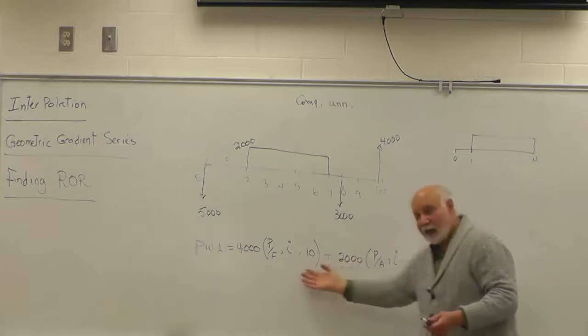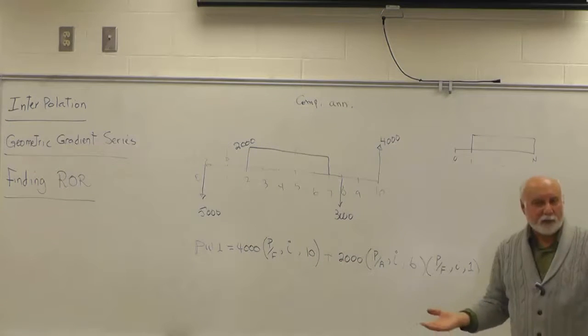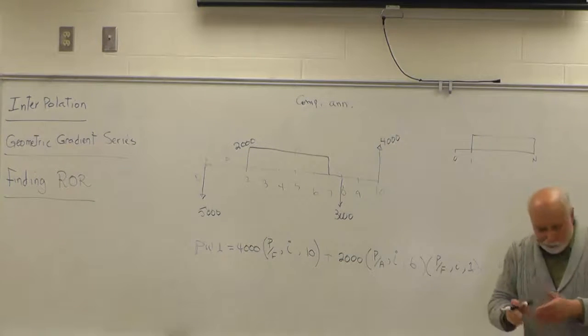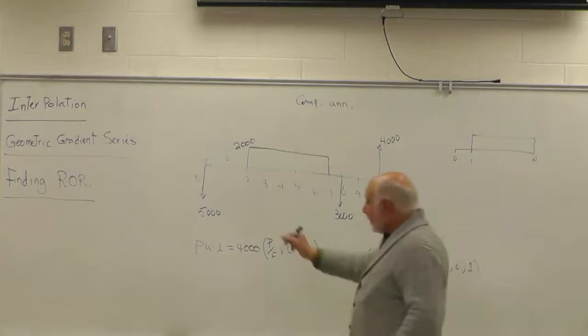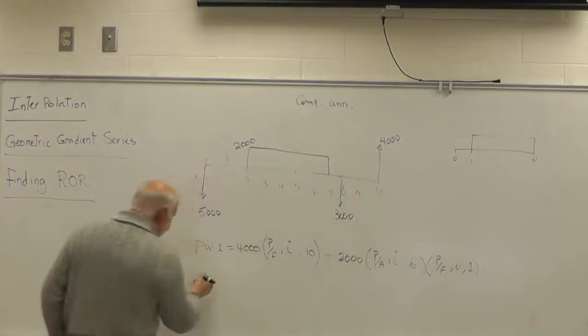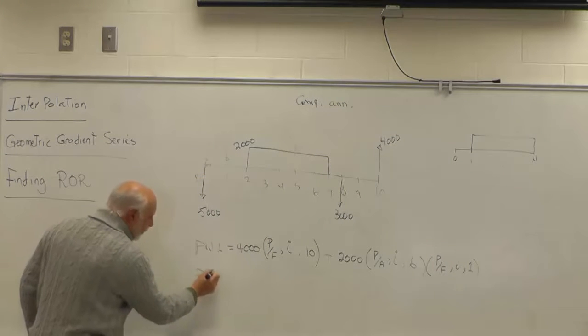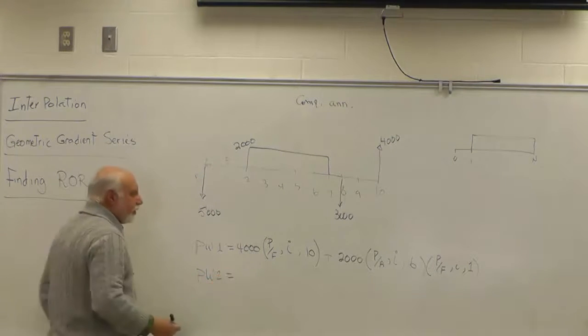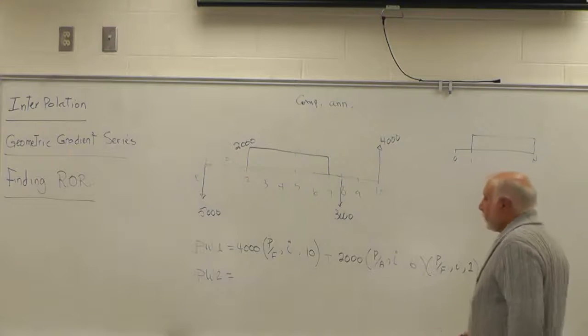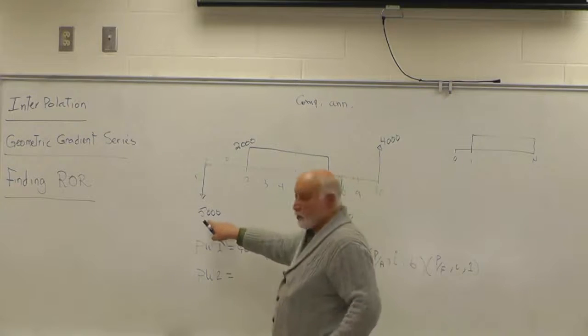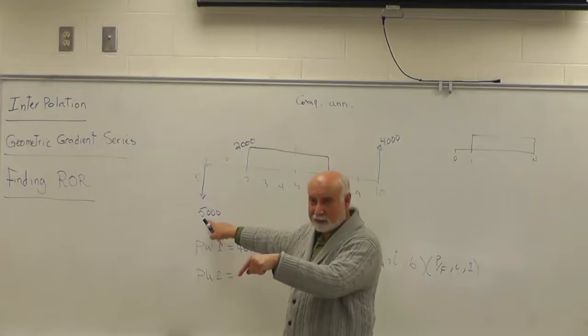Now I cannot calculate this because I don't know what I is. So I don't know which table I should go to. So let's look at the other one. PW2, which is going to be the total of the negatives. This is already at time 0.